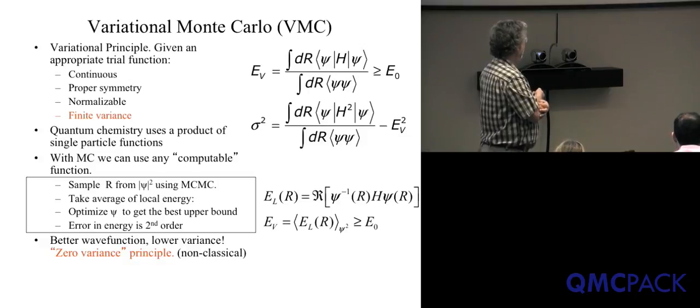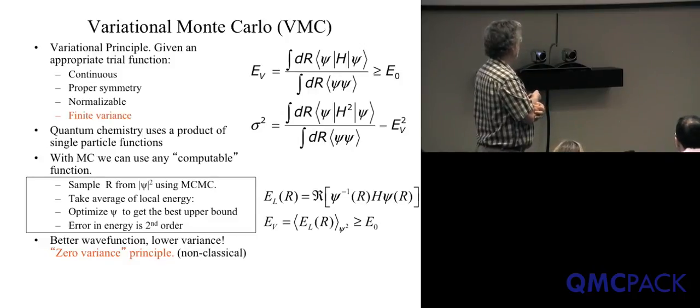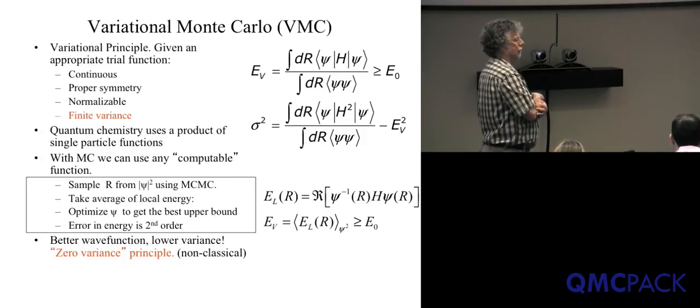And then there's a bigger step, namely, we want to optimize the trial wave function. We'll have a special lecture on optimization, so I'll just describe this very briefly. One of the things is that the energy is second order in the errors. What does that mean? The energy that you calculate has the upper bound property, but it's usually very close to the exact energy because it's second order.